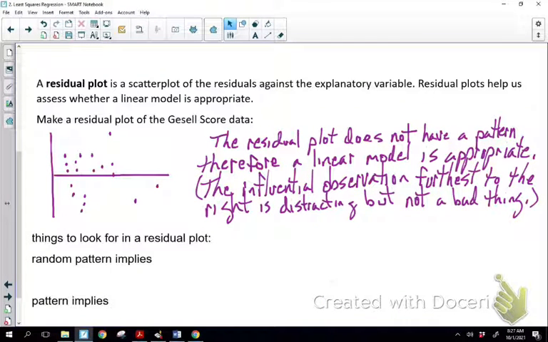When you do a residual plot, you turn the best fit line sideways, perfectly horizontal, and it zooms in on the dots. So we don't expect to see any pattern. If we see a pattern, that implies the linear model is not appropriate. So down here at the bottom, random pattern implies a linear relationship, and pattern implies a linear model is not appropriate.